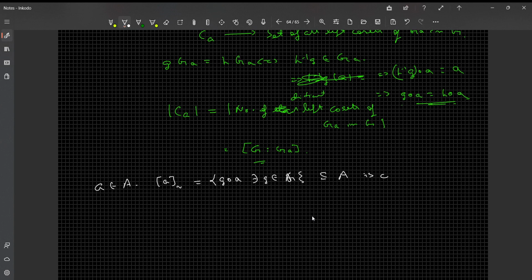So it is called the orbit of a. Clear? And we will often use the notation O_a.